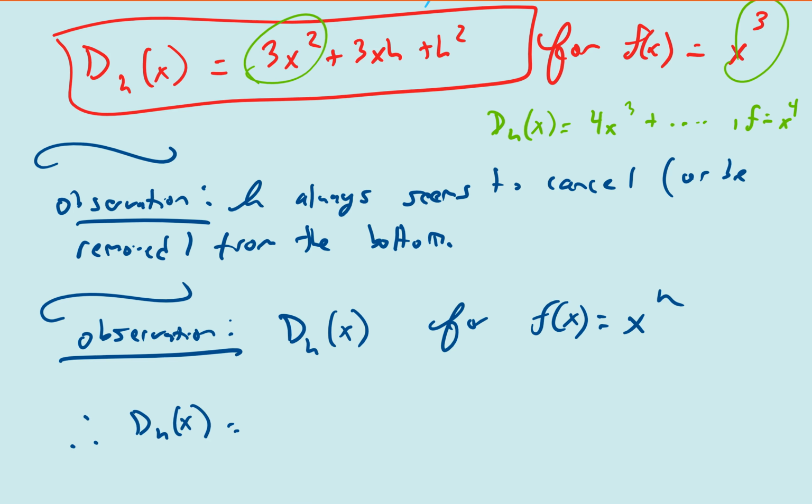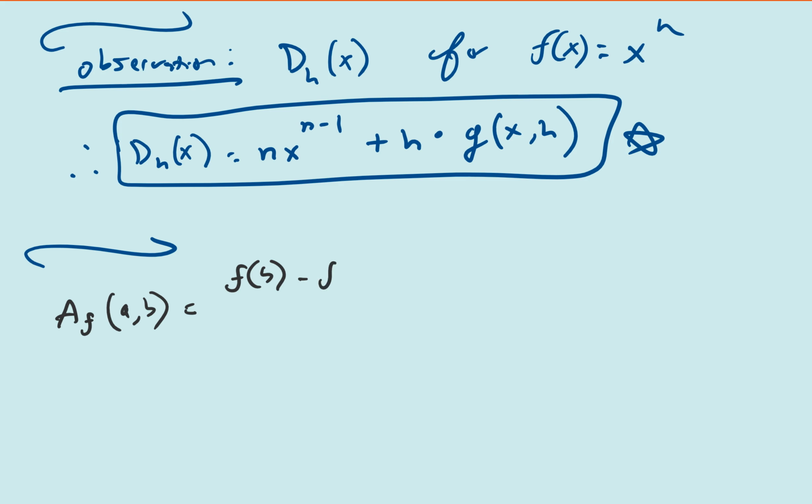But overall, what is it that we're talking about here? It just shares a very close connection to the average rate of change, which, recall again, is f(b) minus f(a) over b minus a.